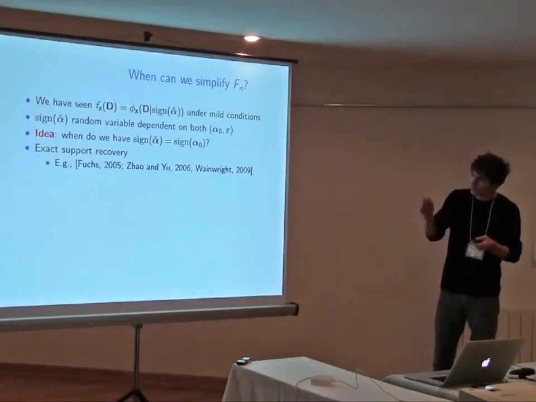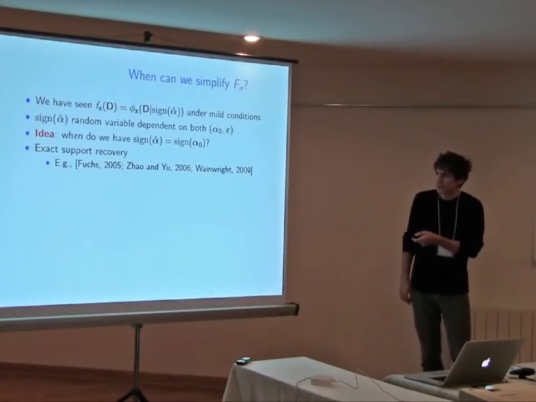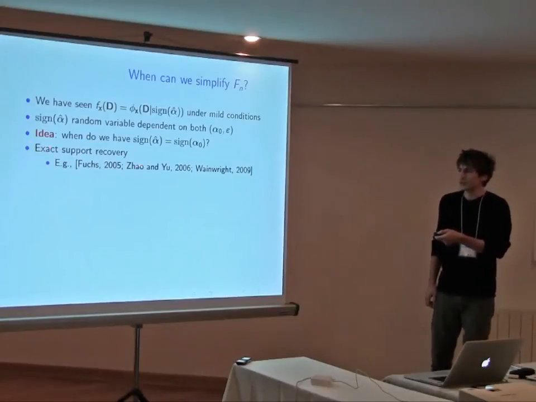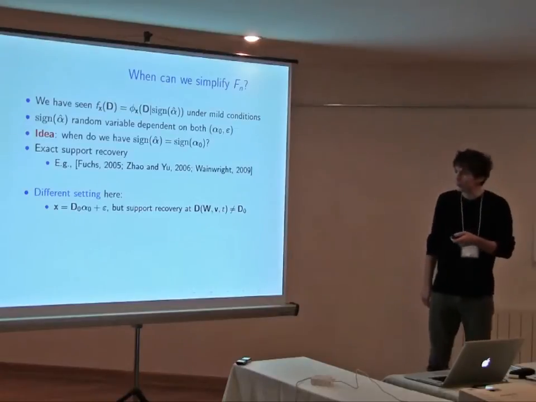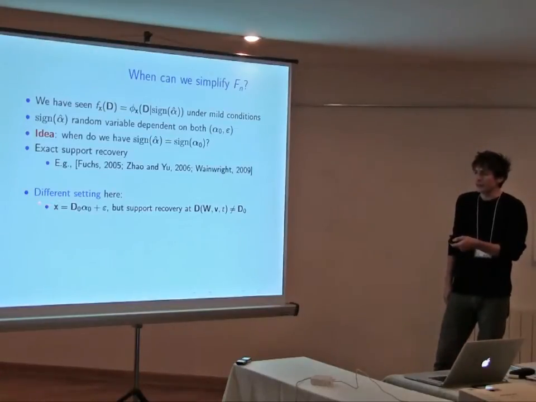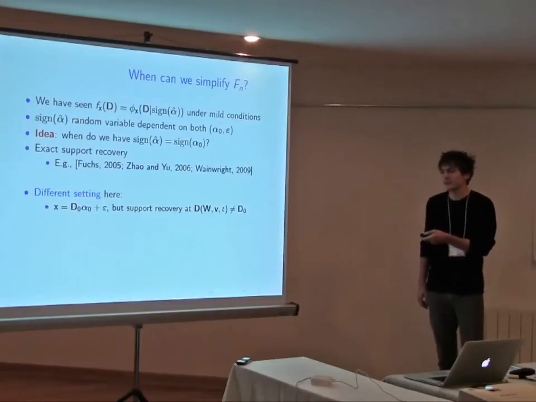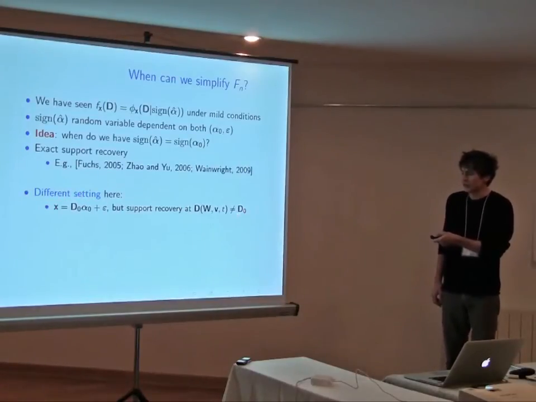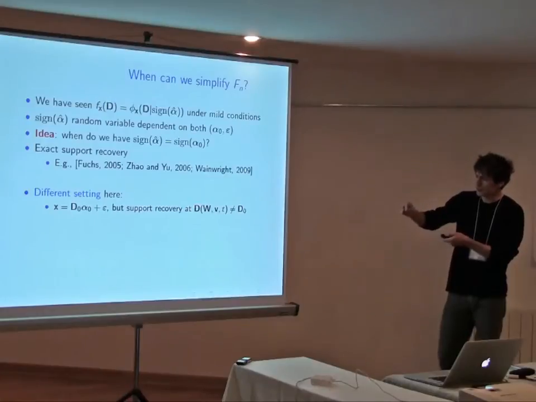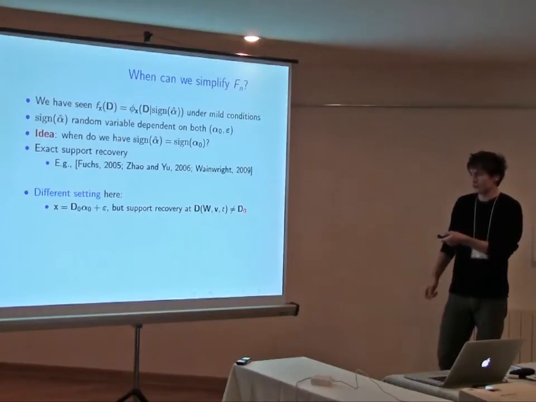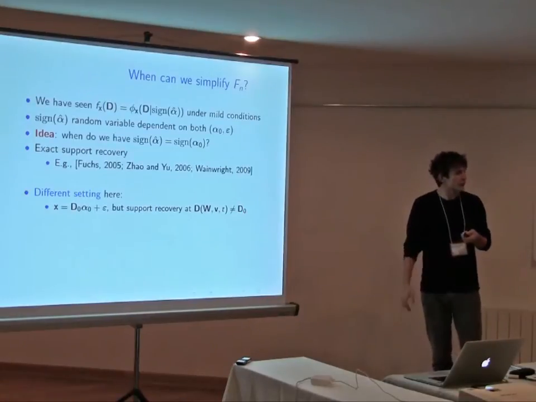But here, although we are interested in exact support recovery, it's important to notice that the setting is slightly different. Because although the signals are generated according to the model, we are not interested in support recovery only at this dictionary here, but we also would like to obtain support recovery for a dictionary along the curve, which is next to D0, which is different from D0, but not too far away.